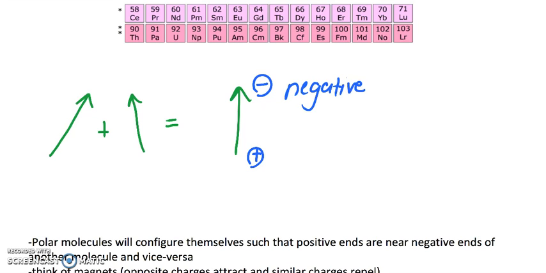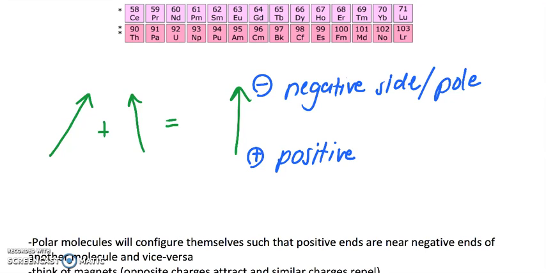So here is the negative side, but instead of calling it side, we're going to call this a pole, a negative pole. And here is the positive pole. And the fact that two poles exist, by definition, we call this polar.